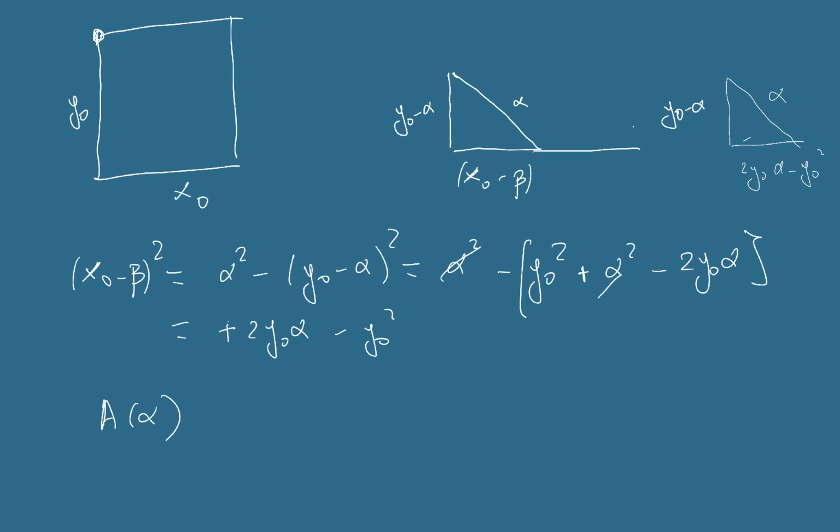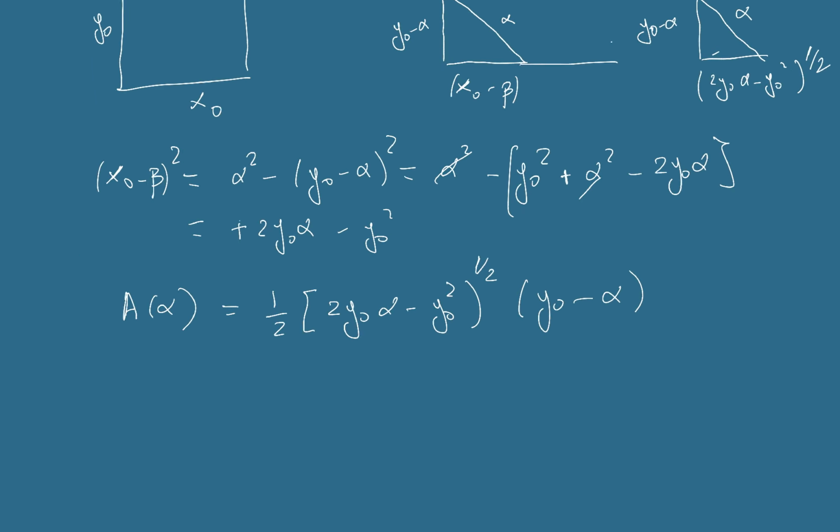The area of the triangle will be 1/2 the base, the base is the square root of 2 y0 alpha minus y0 squared, times the height. The height is y0 minus alpha.